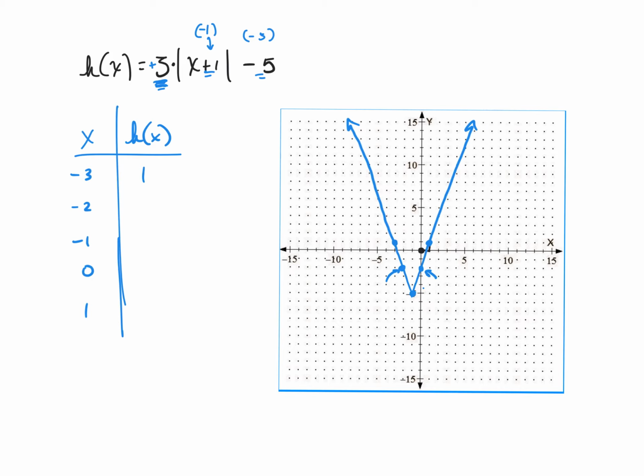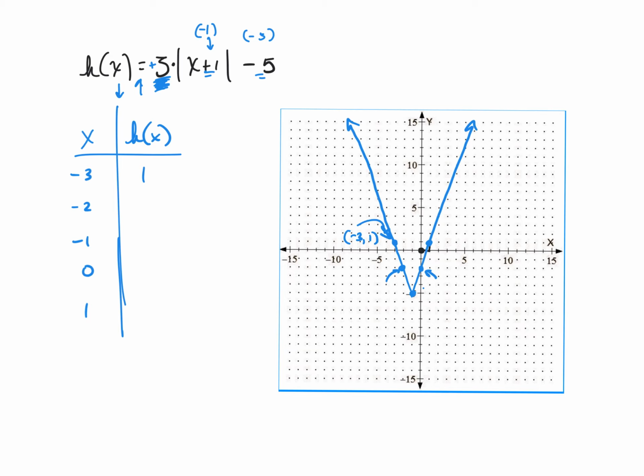Which is kind of cool, because when I just utilized this idea based off of how much the original function moved and I just multiplied it by 3, this 3 didn't change how much the x moved. It simply just changed how far up or down my coordinate went. So in this case, I end up getting the point -3, 1, which matches directly to what I did when I utilized the numbers out of the equation.